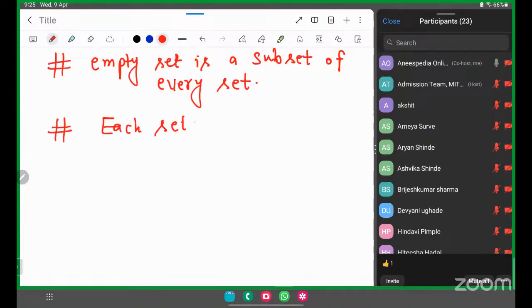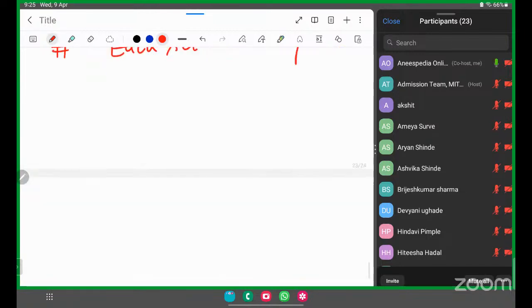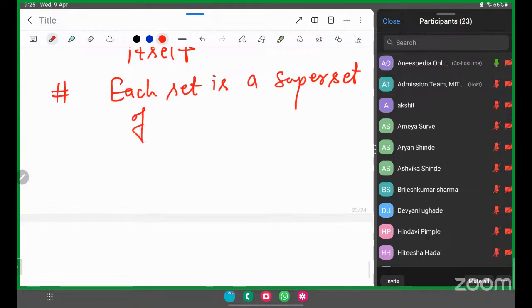Second, each set is a subset of itself. Third important point is each set is a superset of itself. Each set is a superset of itself.